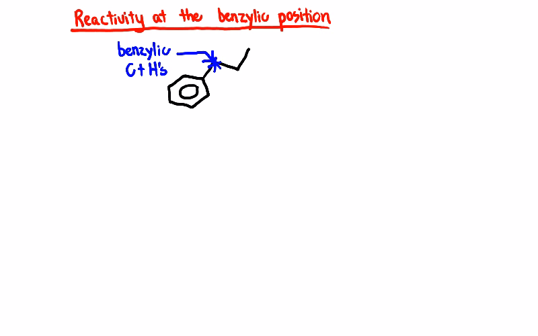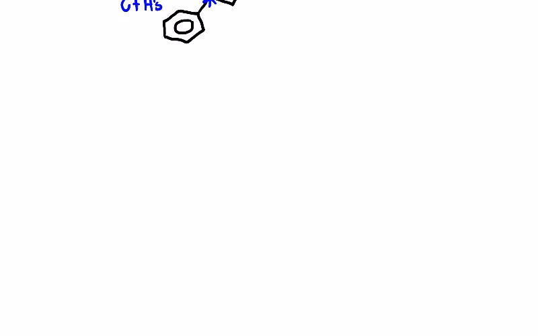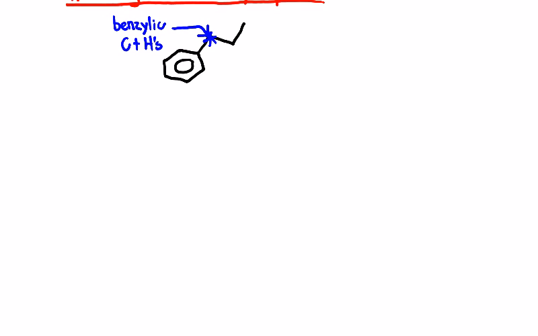So let's take a look at the reaction intermediates, specifically carbocations or carbon radicals, that would be involved in reactions at this benzylic position. So taking a look at the stability of carbocations that are benzylic, or carbon radicals, which I'll just indicate with a C dot here because remember a carbon radical has an unbonded electron.